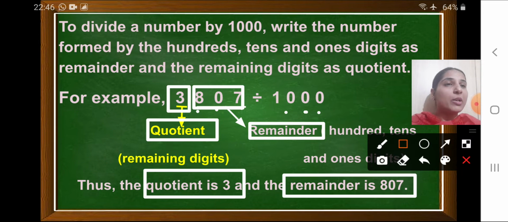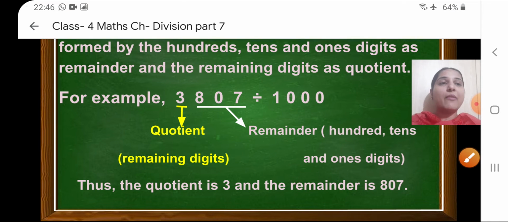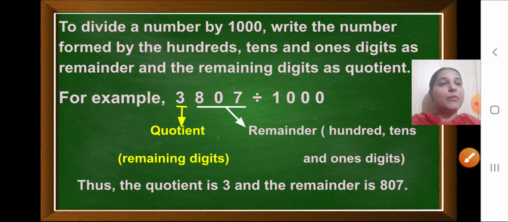You will count the number of zeros and then from the ones place you will move towards the left. And that many digits, the count of zeros that you have counted in the divisor, will form the remainder in your dividend. So in this way, children, we divide a number by 10, 100 and 1000.